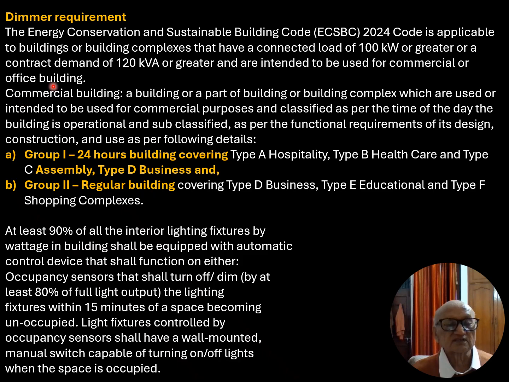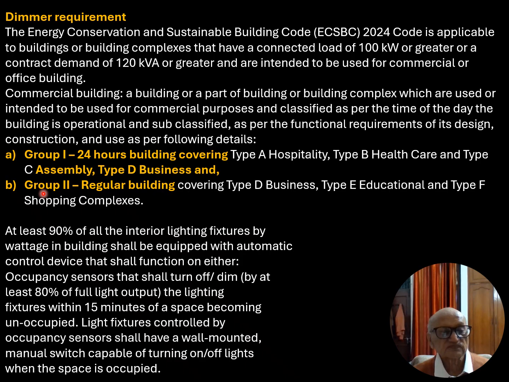A commercial building is a building or a part of a building used for commercial activities. These commercial buildings can be divided into two groups. Group one is where transactions go on 24 hours round the clock, like hospitality, hotels, healthcare, and assembly buildings and business buildings of certain types.